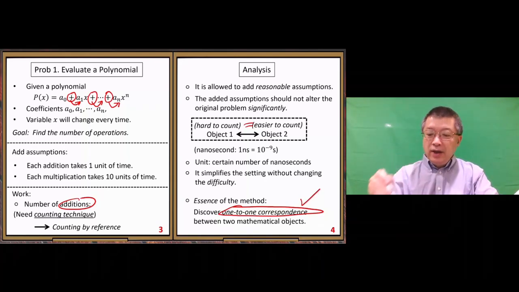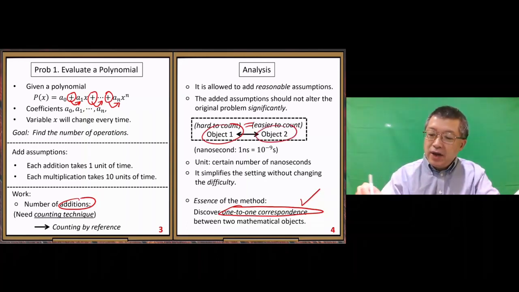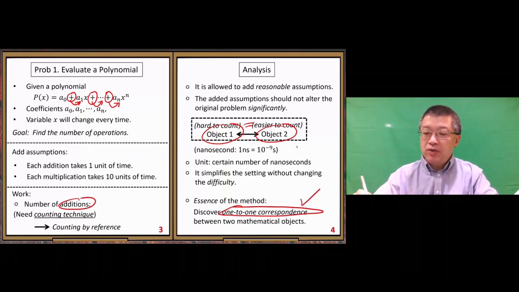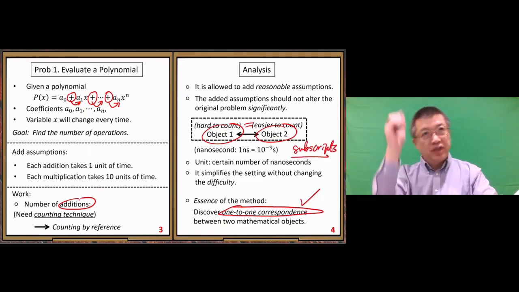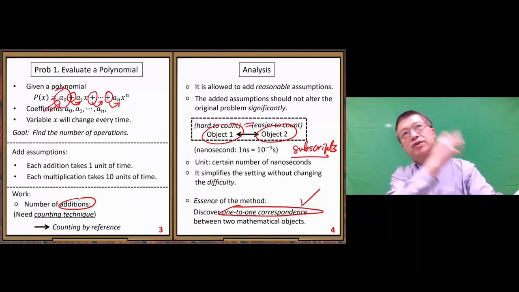Now, counting the first object's elements is not easy, so let's look at the number of elements for the second object: the subscripts. If we count the number of subscripts, excluding A0, because there is no plus sign that corresponds to A0, so we exclude it.